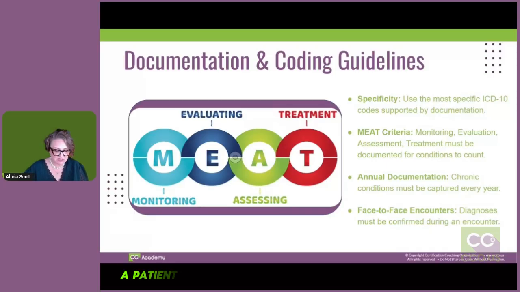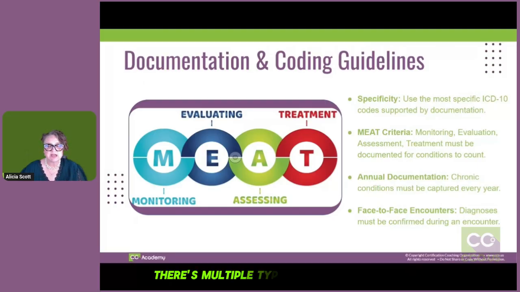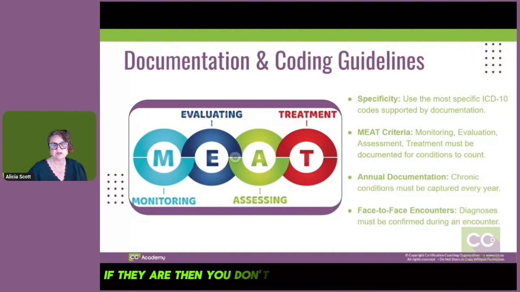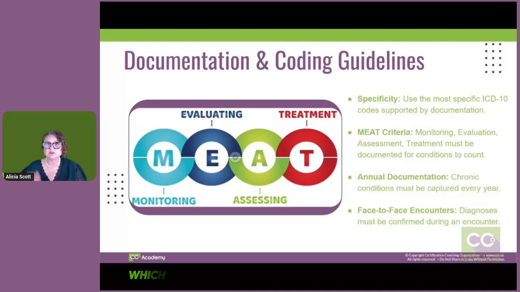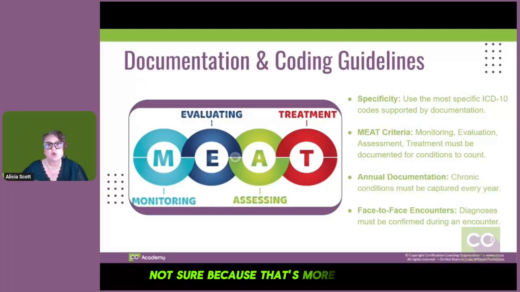A patient that is a COPDer and gets emphysema, there are multiple types of emphysema. Are they lobular emphysema? If they are, then you don't code it as the J44.9 COPD, you're going to code it as the J43, whichever one is lobular, which I think is 3, I'm not sure, because that's more specific.